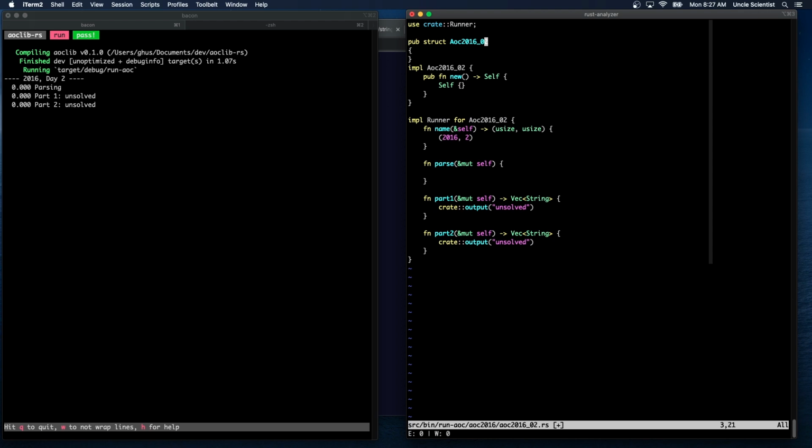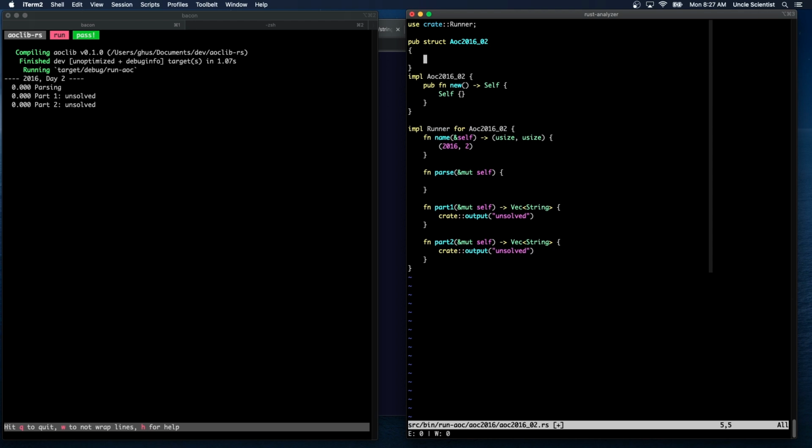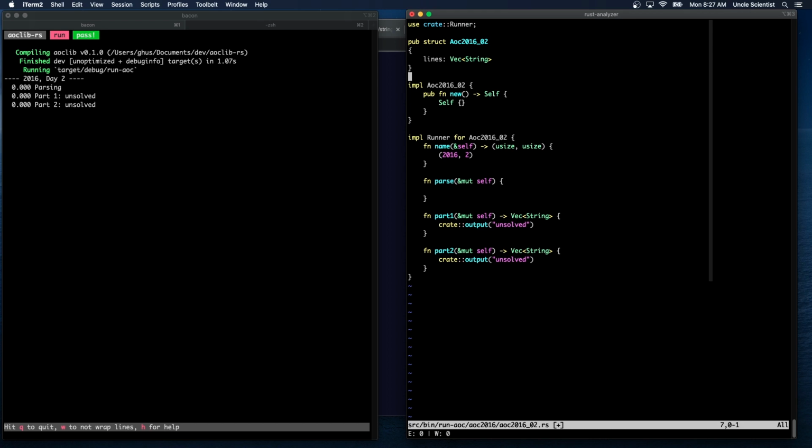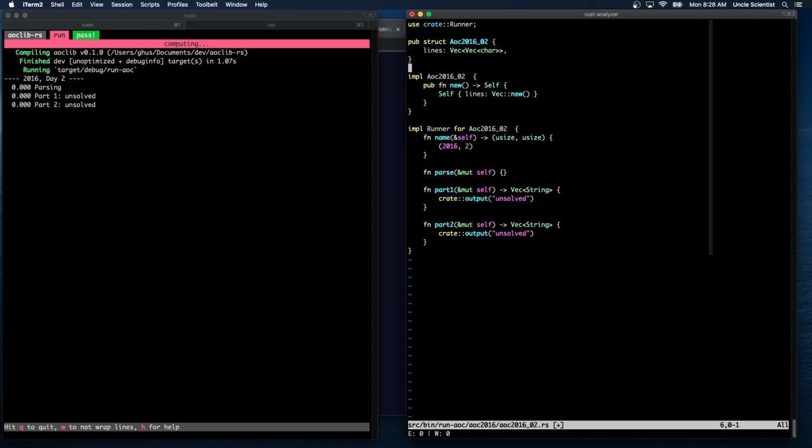So we could parse them into like an enum. That's what I'm thinking. But is there any reason to do that? We can actually just do a vec of vec of char and just split them, right?